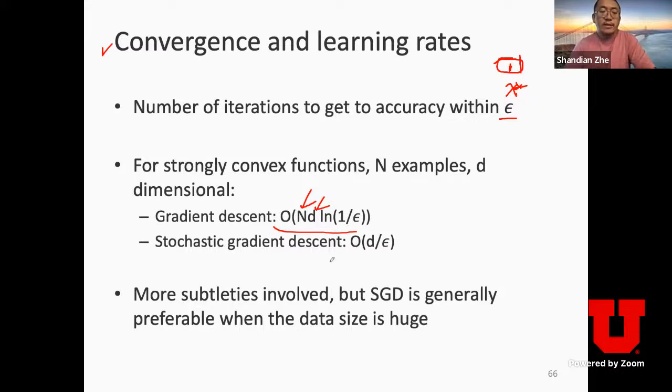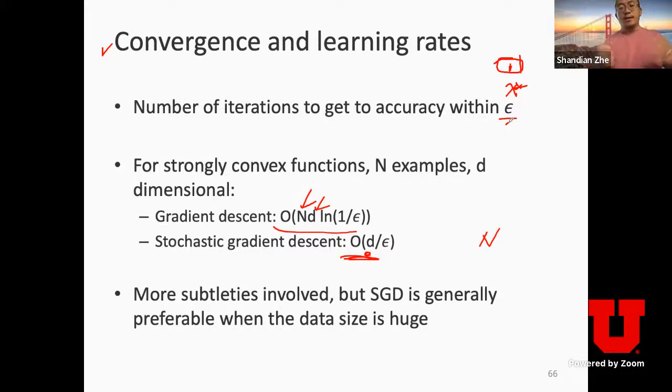But if you look at stochastic gradient descent, the interesting thing is that the number of iterations only depends on the dimension of the instance space over epsilon. It has nothing to do with the number of training examples n. That's why we favor it so much in the large data scenario. By convergence, we mean that practically we want our algorithm to stop when you arrive within epsilon distance of the ground truth minimum.